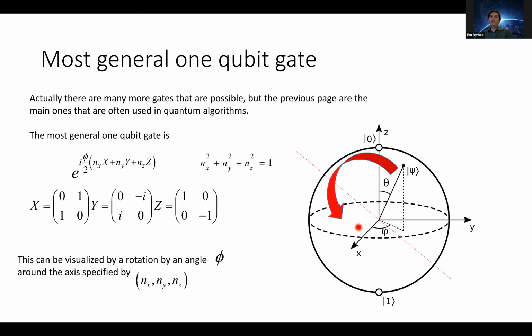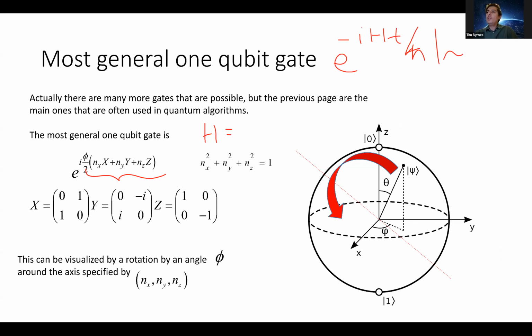Okay, the most general 1-qubit gate looks like this. You can view this part of the evolution as some kind of Hamiltonian. Remember we talked about how the Schrödinger equation can be written as something like this. This is our initial state, and basically this evolves to a new state at time t according to that.